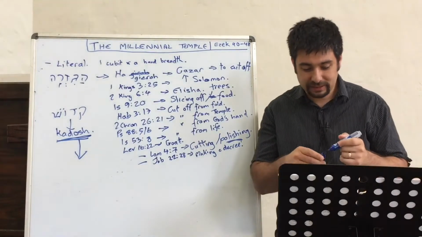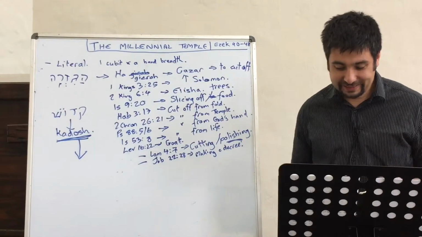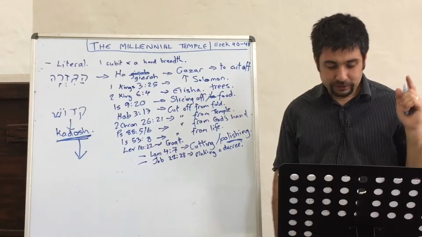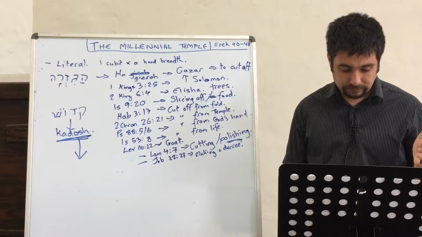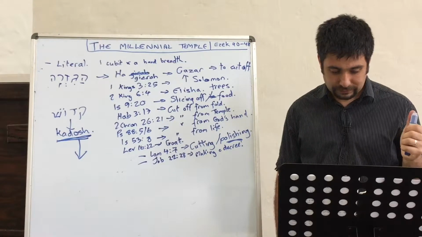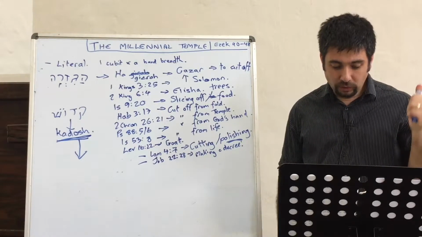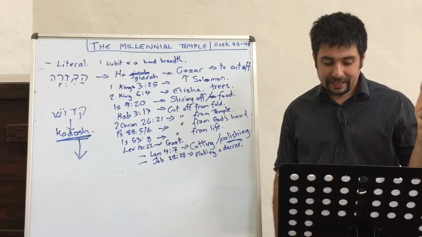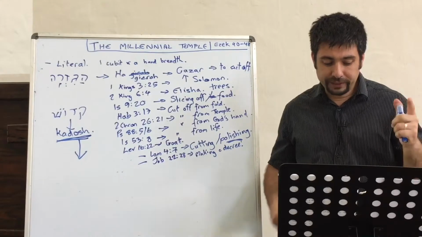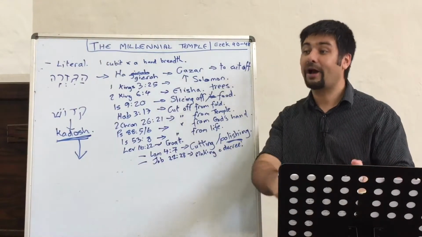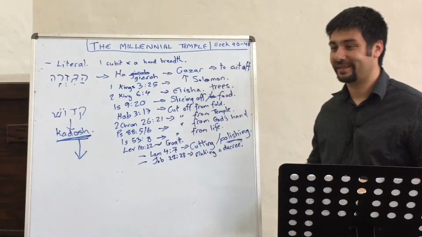I think the best way to understand this is chapter 43 and verse 21. You shall also take the bull for the sin offering, and it shall be burned in the appointed place of the house, outside the sanctuary.